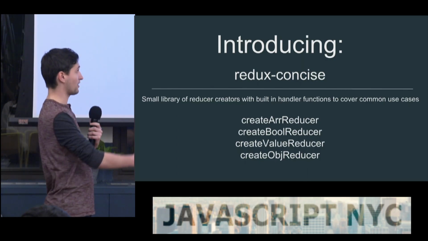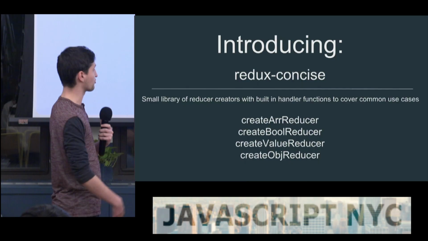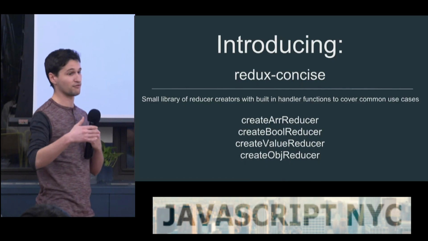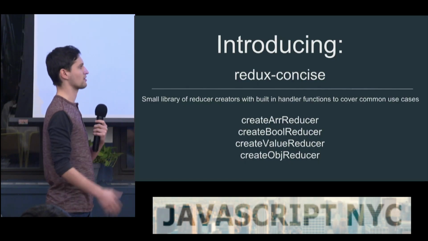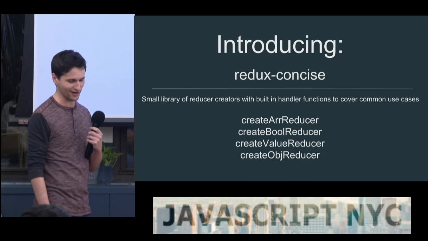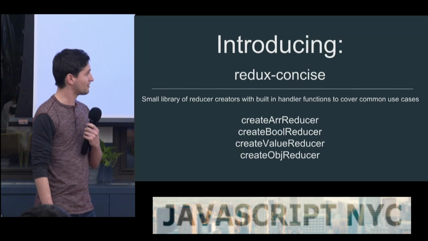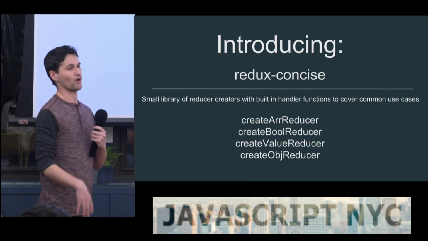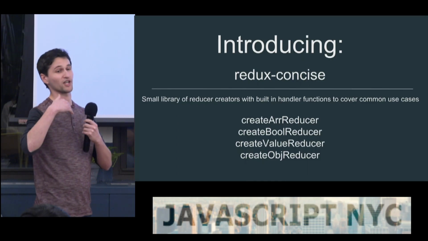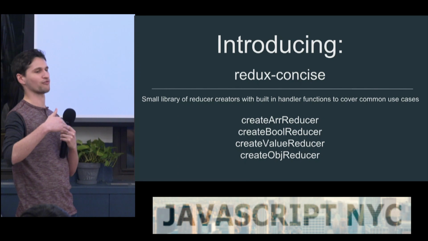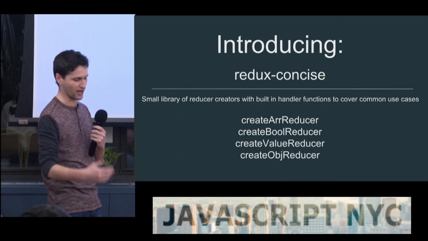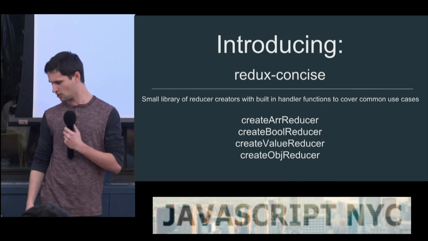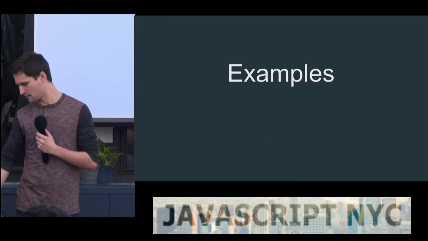All of these different reducer creators have a bunch of default action handlers, and there's documentation. I can link it up somewhere. So you can really use this to eliminate a lot more code than you would otherwise, because not only are you getting rid of switch statements, but you're actually getting rid of the handler functions themselves because they're already provided for you. So let's get into some examples.